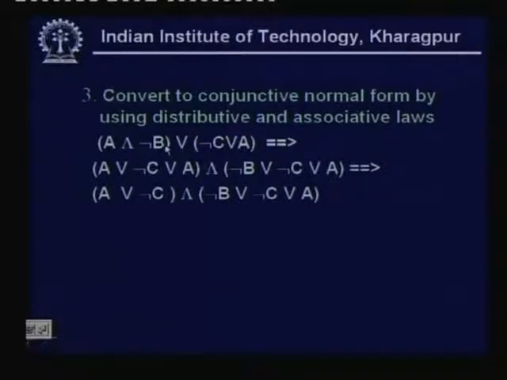By using the distributive and associative rules, A and B or not C or A can be converted to A or not C or A, and not B or not C or A. This can further be reduced to A or not C, this is one, and not B or not C or A. Now, each of them is a disjunction, but they are connected with an AND operation. Since they are connected with an AND, this is called conjunctive normal form.